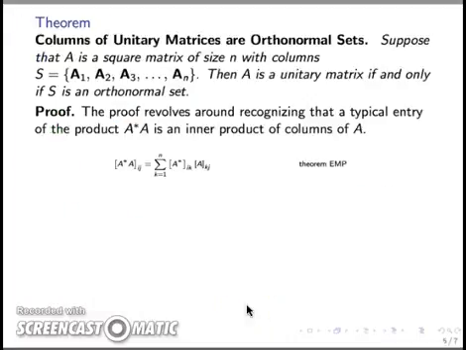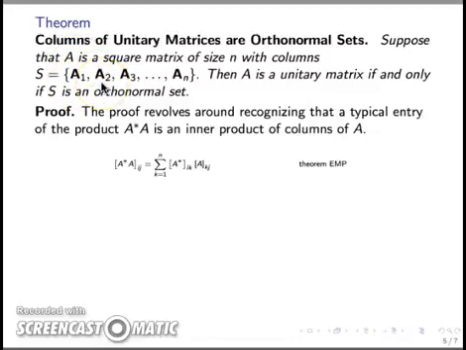And lastly, but not least, we notice that if we have a matrix that has n columns, this matrix is unitary if and only if the columns of this matrix define a set that is orthogonal and the norm of each of these columns is equal to 1.